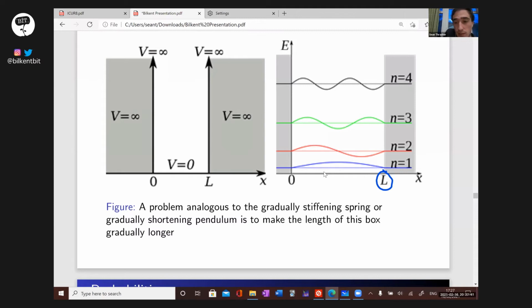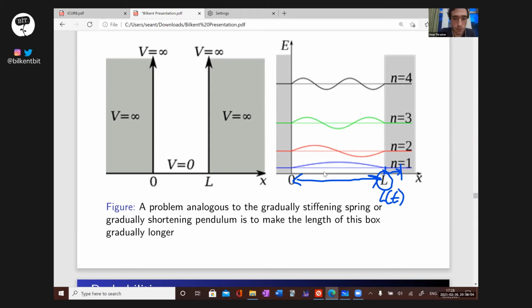But the length of this box is an important variable. And imagine now that I slowly take it and move it, so I make this length dependent on time, and I change it very, very gradually.